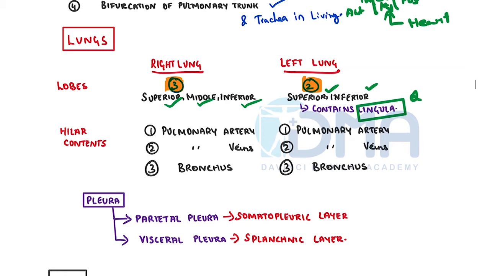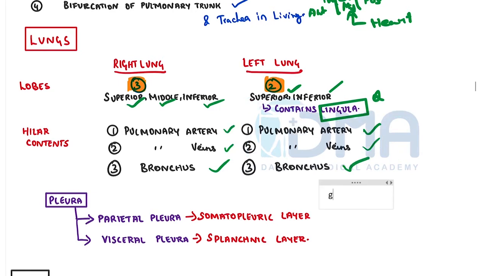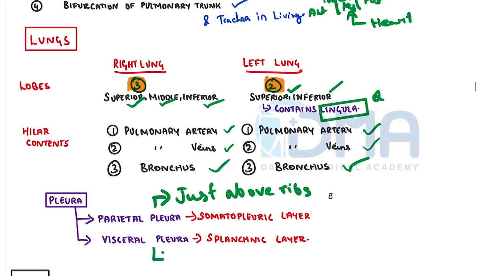Okay, so the hilar contents are pretty easy. Pulmonary artery, vein, and bronchus are the hilar contents of your left and right lung. The next important one is your pleura, which is composed of parietal and visceral pleura.